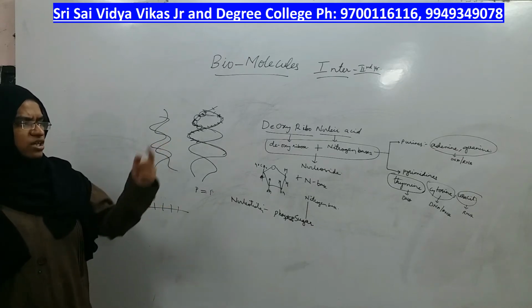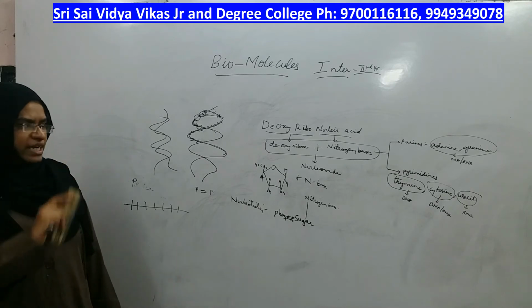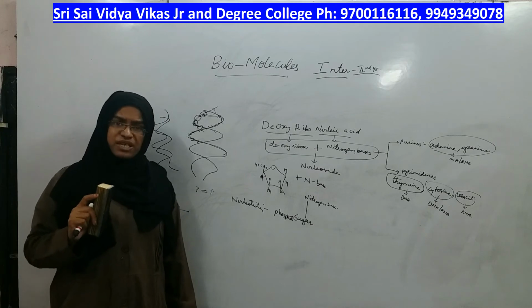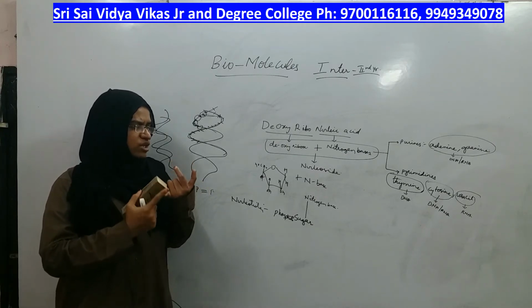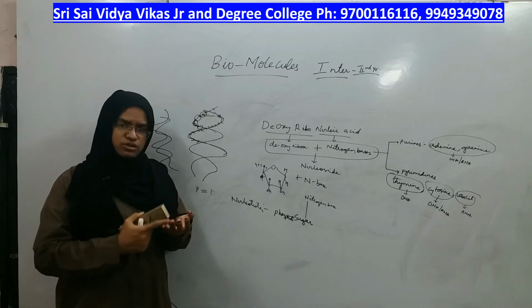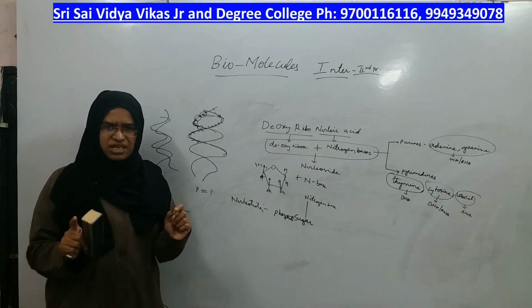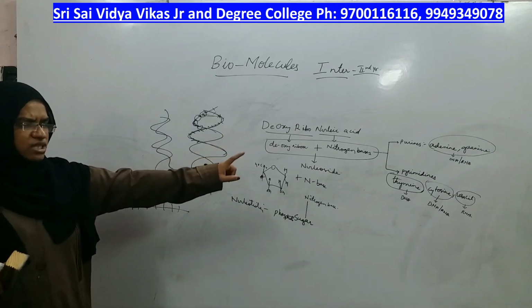In the same way, draw the structure of purines. That means you have to draw the structure of both adenine and guanine. If they ask you to draw the structure of pyrimidines, you have to draw 3 structures of pyrimidines including thymine, cytosine and uracil. They are not mentioning which purine or which pyrimidine, so you have to draw both of the purines and all 3 of the pyrimidines.